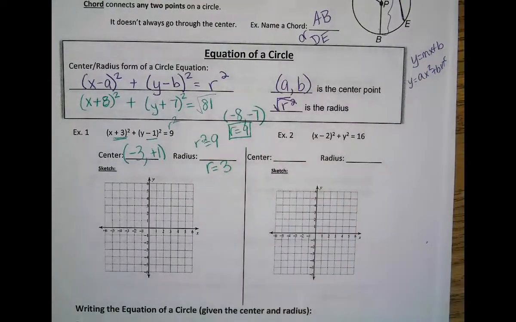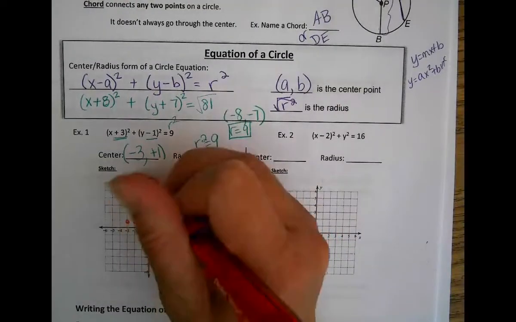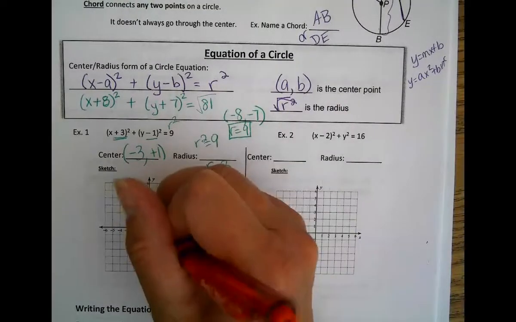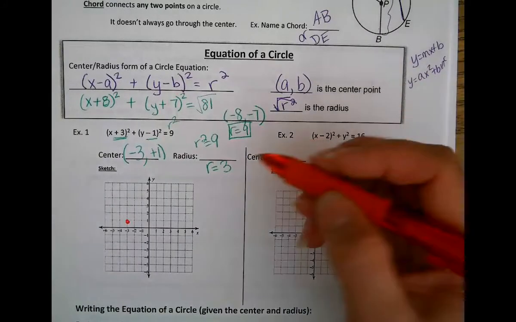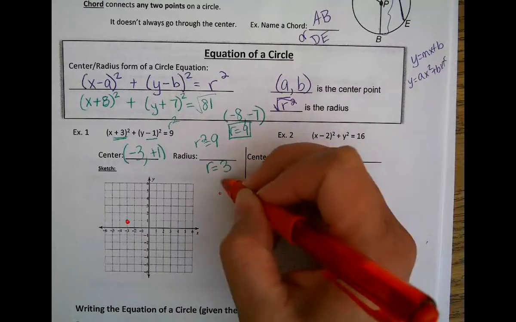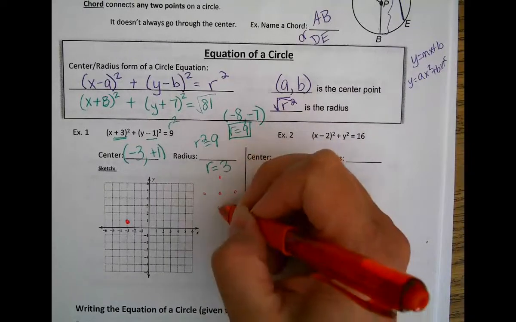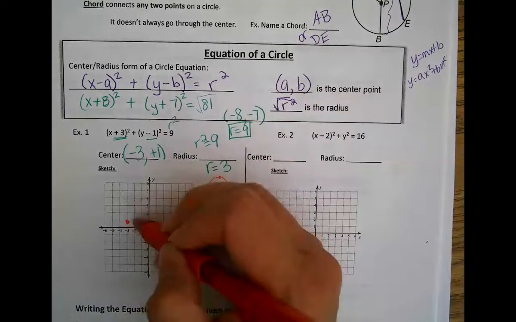So how we're going to graph this is we're going to start at the center, negative 3, positive 1. So that's where I put the point. And then we're going to do a radius of 3 in all 4 directions. So it's going to look like a bullseye. So 3 to the right, 3 up, 3 to the left, and 3 down helps us form a circle around our center.